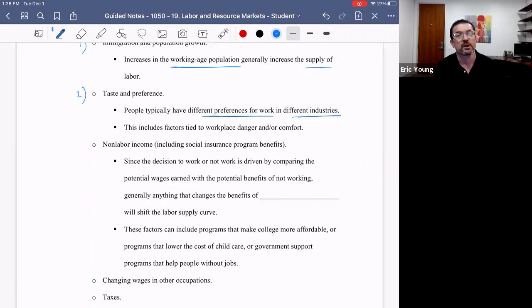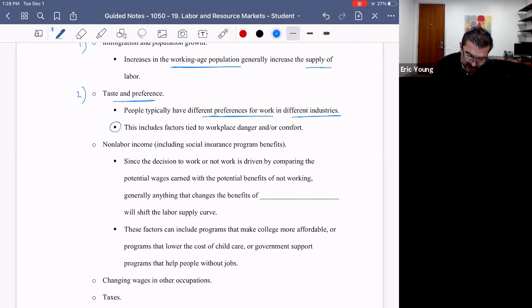Some people like work with fewer hours so they can have more of a balance. Some people want to work indoors, some outdoors, some with their hands, some with their brains. So people vary in what they look for in their ideal job. This taste or preference factor is going to influence the supply of labor.